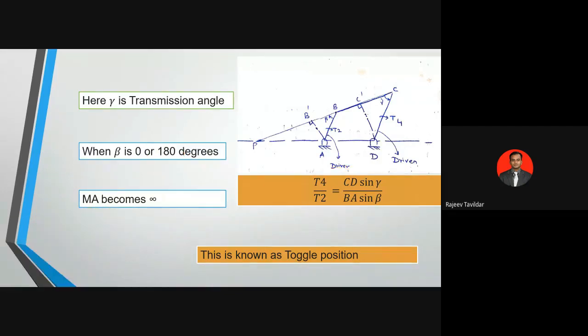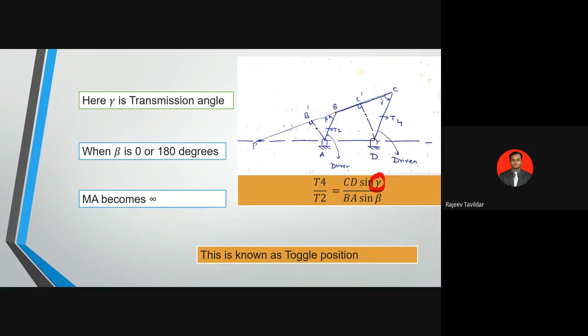Mechanical advantage is maximum only when this gamma is 90, because sine 90 is 1, that is the maximum value of sine. So when gamma is 90, you are going to get mechanical advantage as maximum. As and when the angle reduces from 90, the mechanical advantage will also go on reducing.